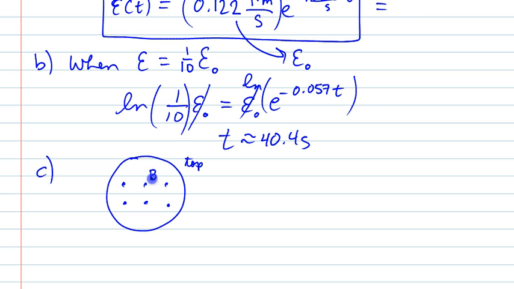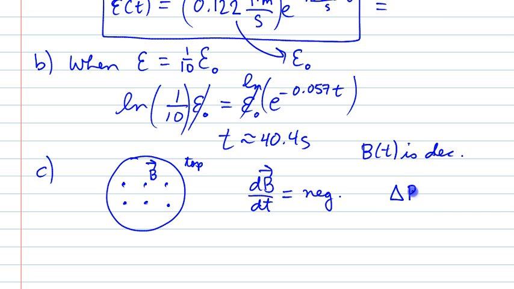But what we want to do is think about what is happening to the field. Well, the magnetic field is decreasing. So B of t is decreasing, so dB dt is some negative value. And what we could say is that the change in the field is into the page. That's the way that the field is changing.